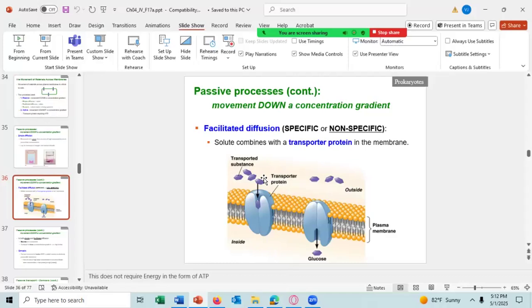Now, with glucose, it's actually a much more complicated story, and I don't know if I even want to talk to you about it. But with glucose, when there's a higher glucose concentration outside the cell than inside the cell, the channel protein will allow glucose to move into the cell by facilitated diffusion, costing the cell no energy.